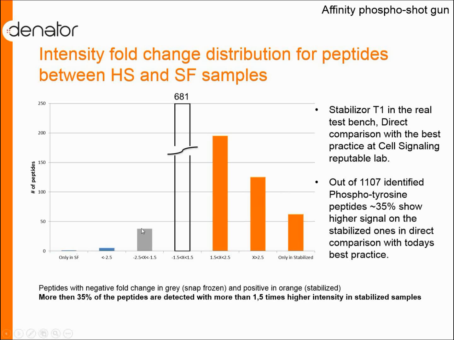There are also a few which show much lower levels in the heat stabilized, and this is most probably because the majority of action that happens post sampling is phosphatase activity, where you remove phosphorylation. There are, however, examples of kinase-driven activity. The kinase activity is, of course, ATP dependent, so it will be more difficult for the kinases to be operable in a low ATP post-sampling environment, but that does happen.